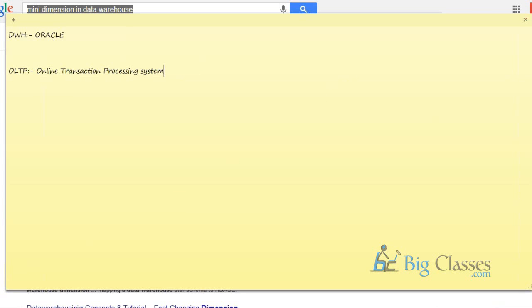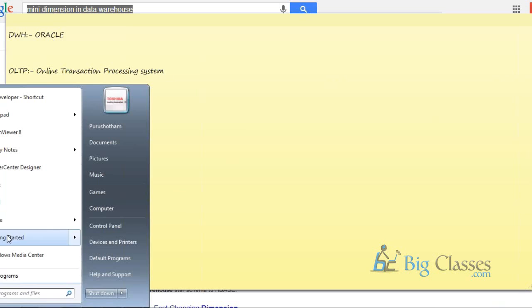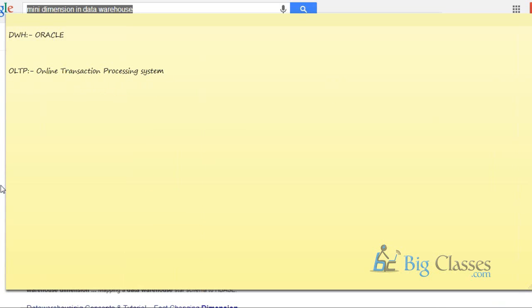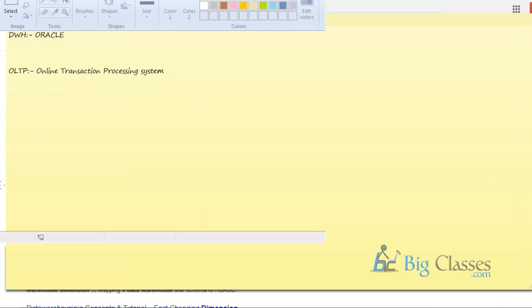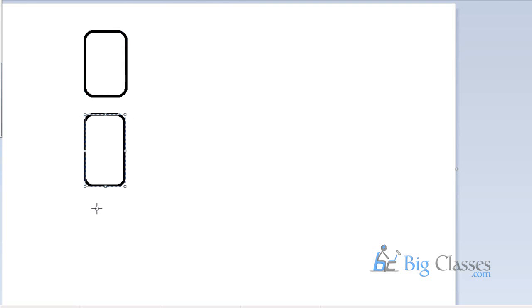Let me give you a brief look at how a simple data warehousing architecture looks, through Paint. Let's say you have different OLTP systems developed for different regions. Take Citibank, for example. Citibank has operations in all the continents: APAC, Europe, America, everywhere.